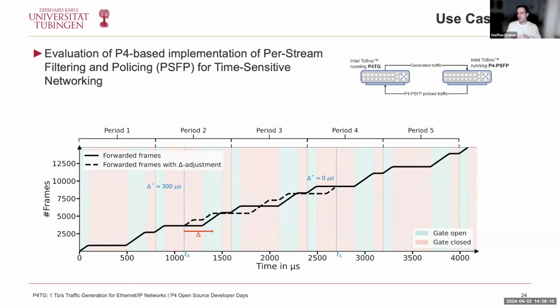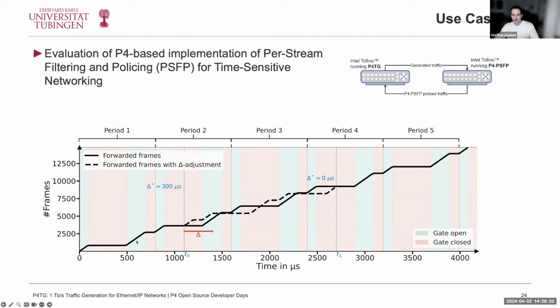And we needed a way to evaluate the forwarding behavior at line rate with 100 gigabits per second. To that end, we had one Intel Tofino with our P4 PSFP implementation, and another Intel Tofino running P4TG. We generated VLAN traffic with 100 gigabit per second, then applied our PSFP implementation and monitored the receiving traffic.